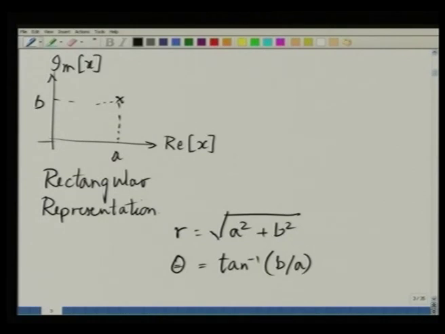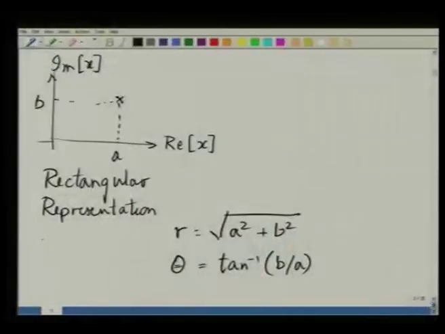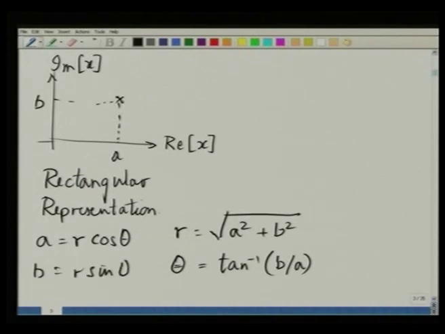Clearly, A and B can be recovered from r and theta, and that can be done by using the equations A equals r cos theta, B equals r sin theta. Anyway, all this is by way of a review. You already know all of this.